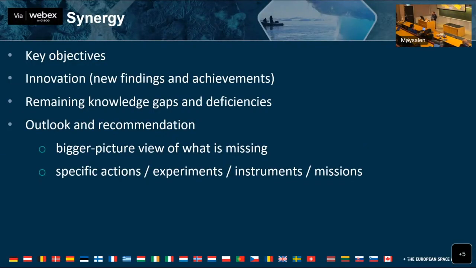So we follow the structure of, in the beginning, finding the objectives, then looking at some of the innovative new findings and achievements, and then again go after the gaps and the deficiencies and look for the future, the bigger picture.